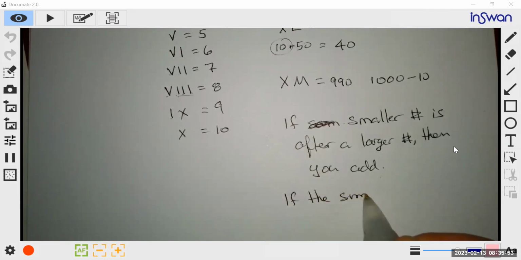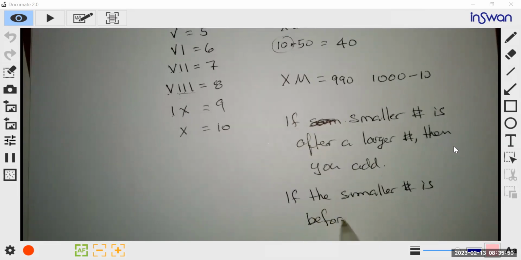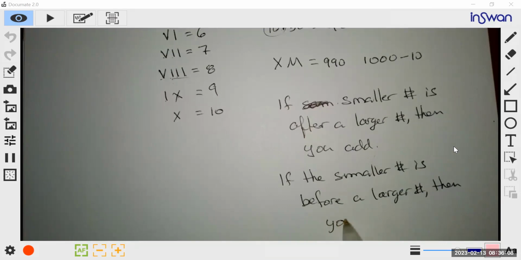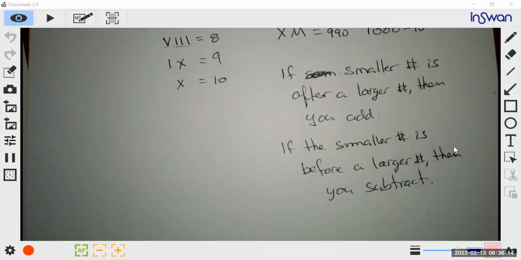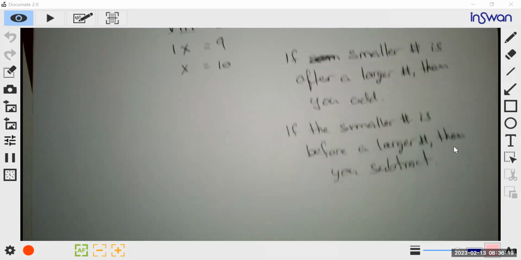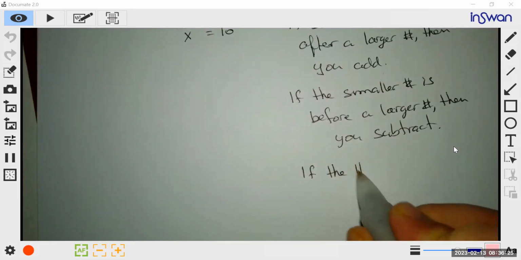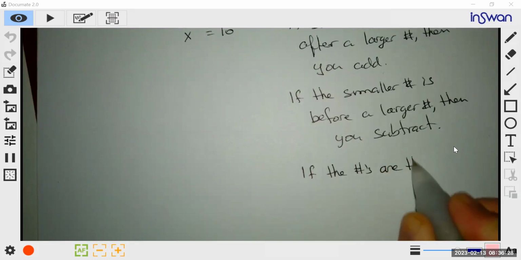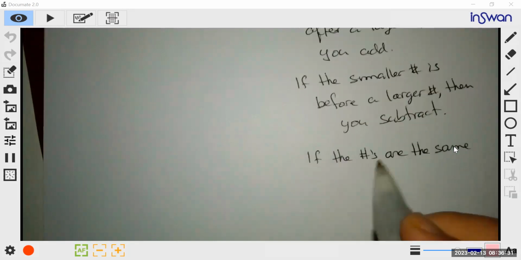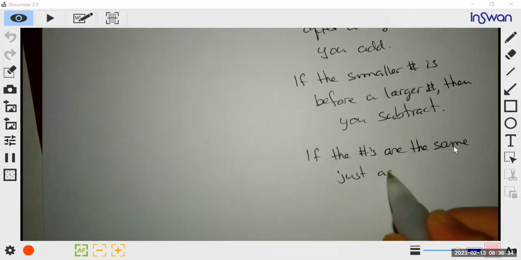If the smaller number is before a larger number, then you subtract. If the numbers are the same, just add.